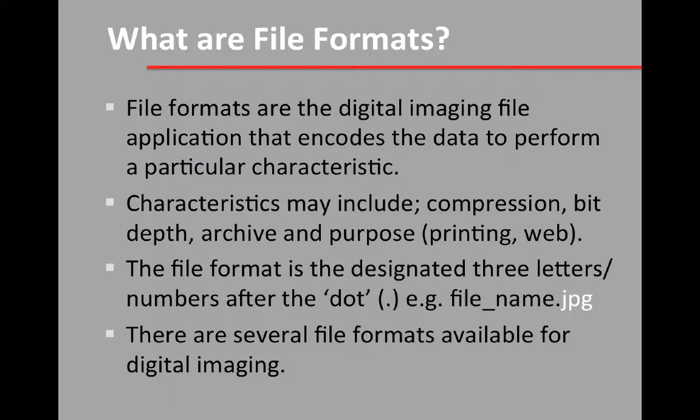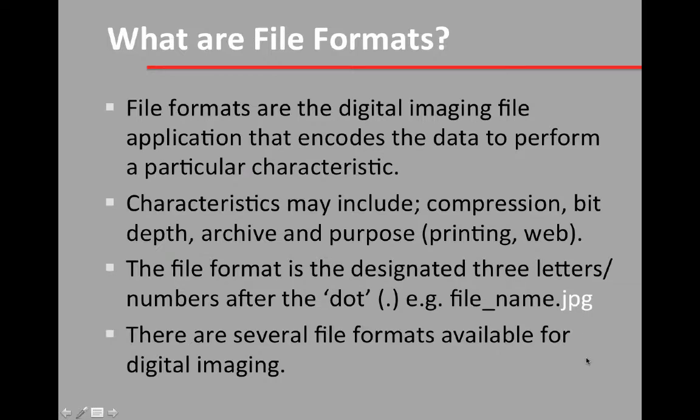The file format is the designated 3 letters or numbers after the dot in the file. And you can see just here, if I highlight that area, this is the file name, and you've got a dot, and then that is the application or the file format.